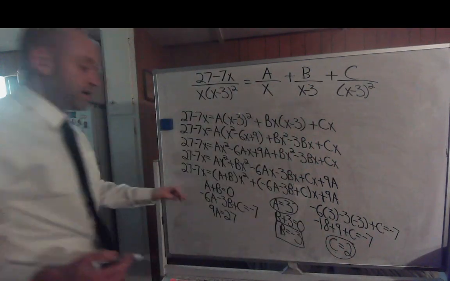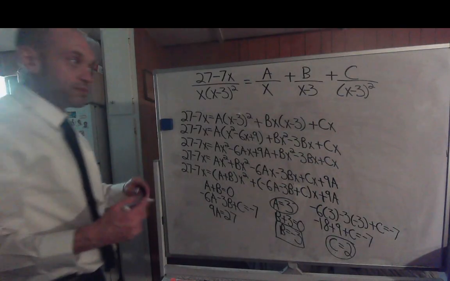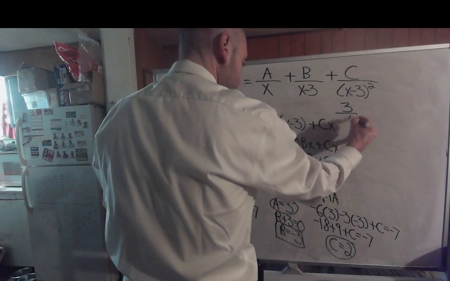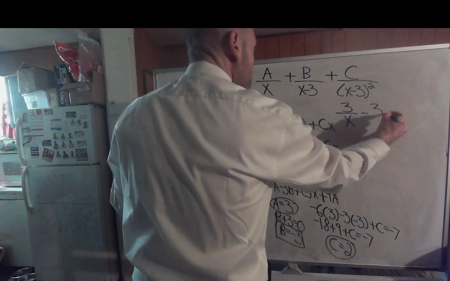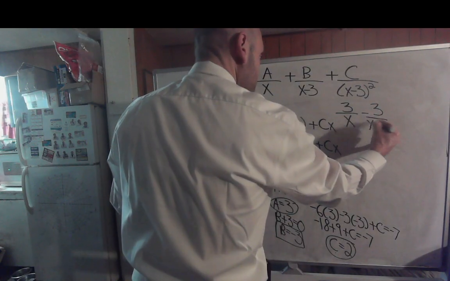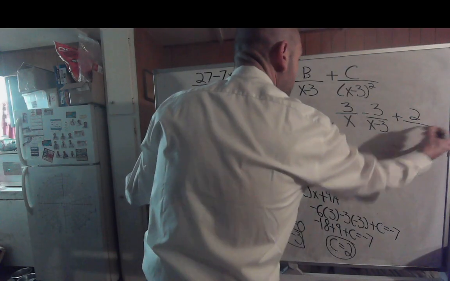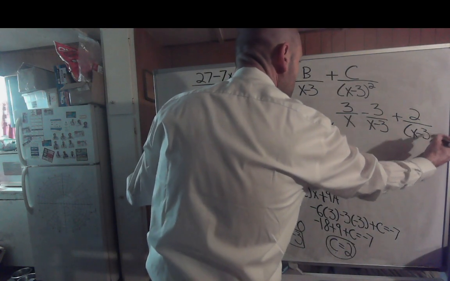So now I found all three constants. We have the partial fraction decomp. So that's going to be 3 over x minus 3 plus 2 over the x minus 3 squared.